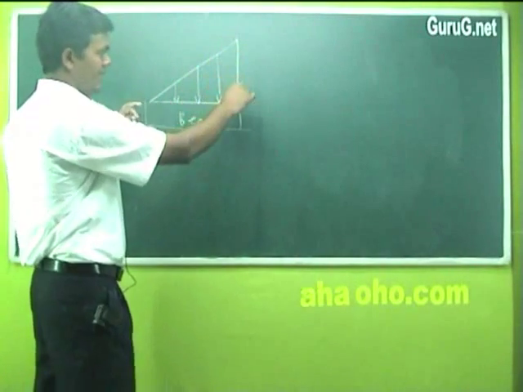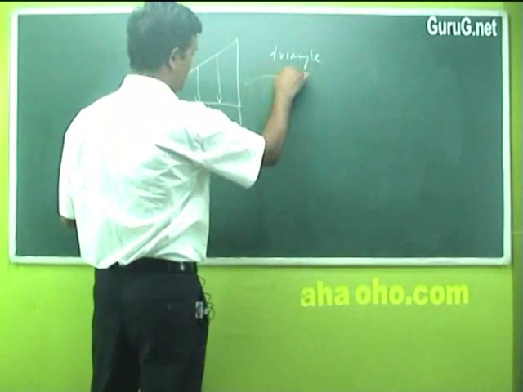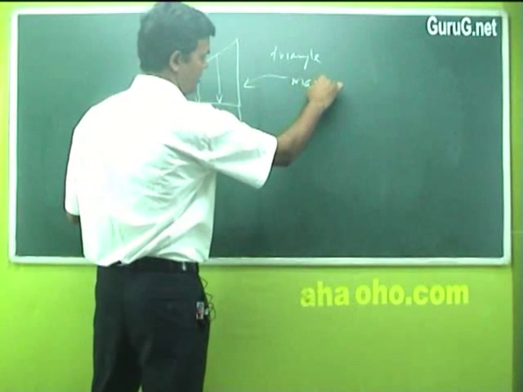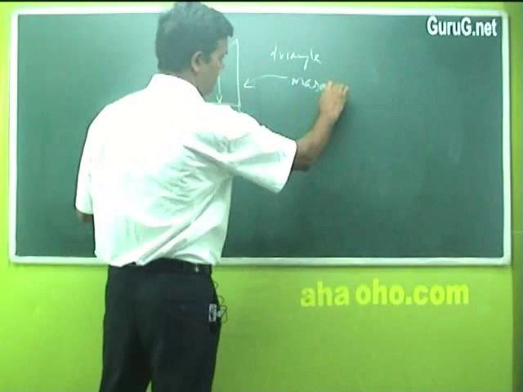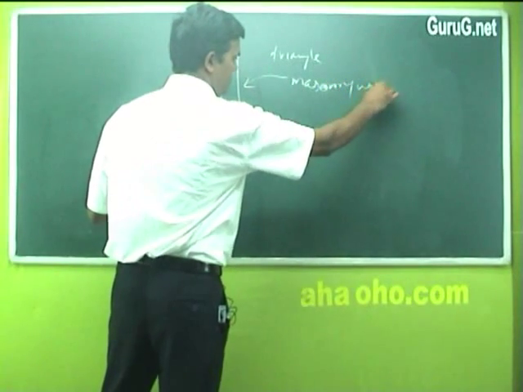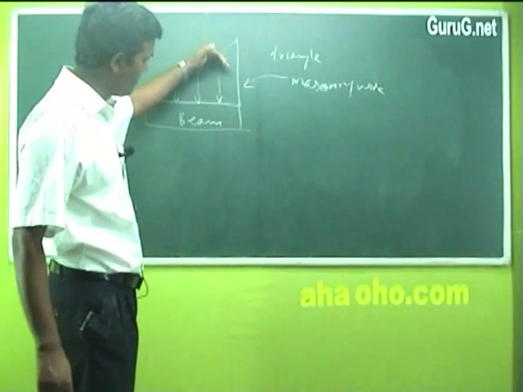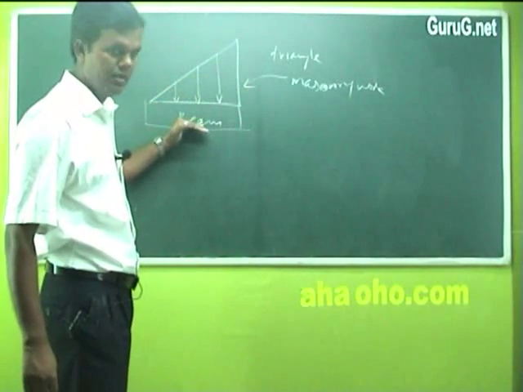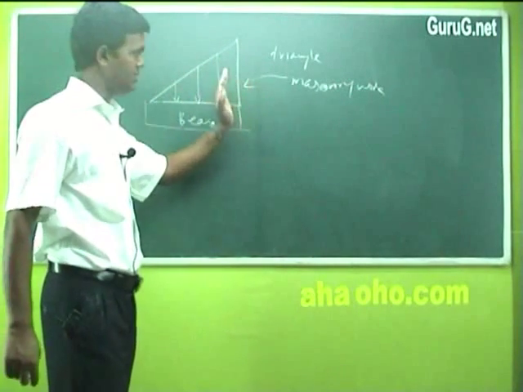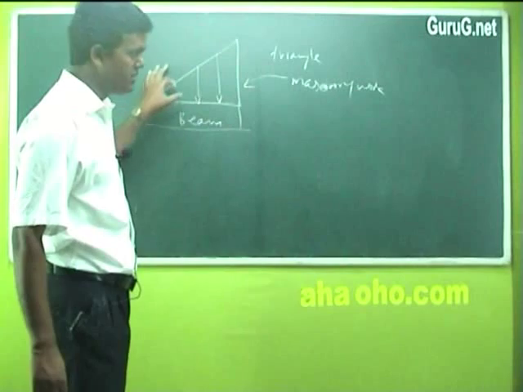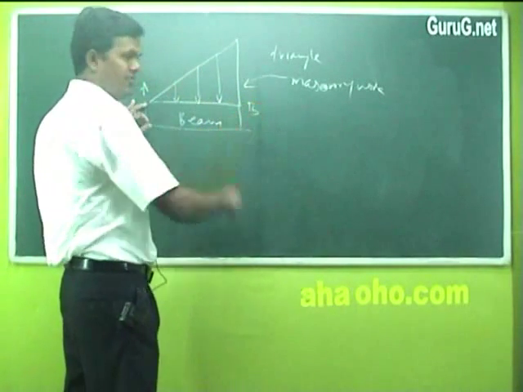This shape is a triangle, and this I call masonry work. The total weight of this, for this beam, we have to convert into different shapes. What is the shape? This is a triangle. I would say at point A and point B, two different points.